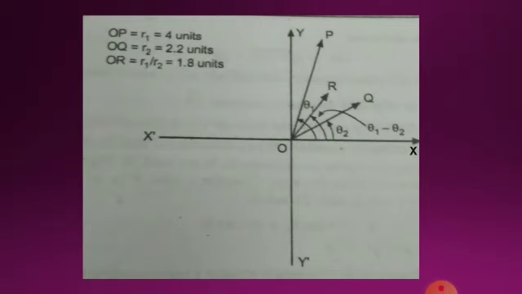Now the figure shows point P having complex number Z1. Point Q represents complex number Z2.